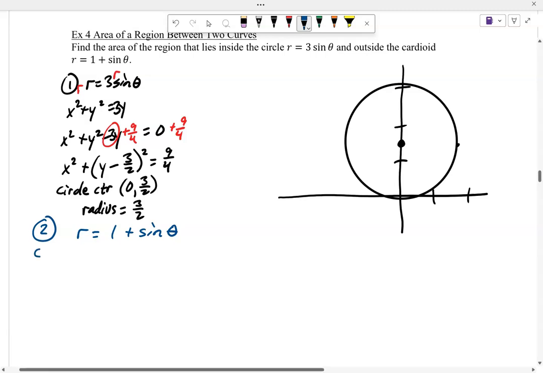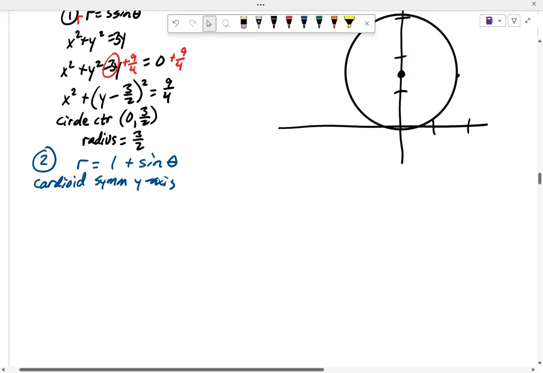So this is a... if I'm looking at my cheat sheet, I've got a limaçon, and it's a cardioid specifically. So symmetric about the y-axis. If you're looking at that, I would probably still get a picture of this thing.